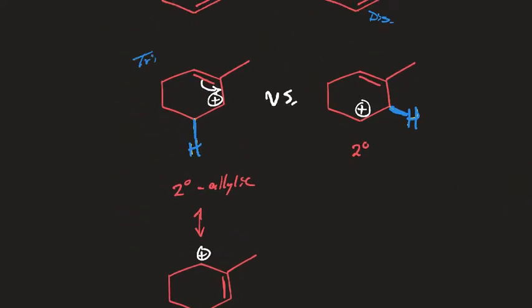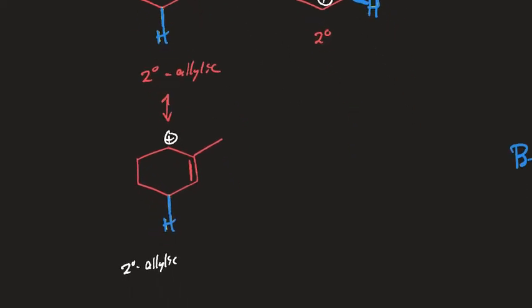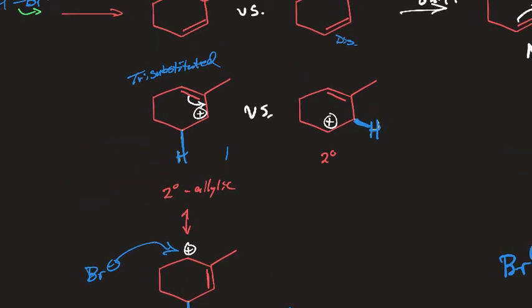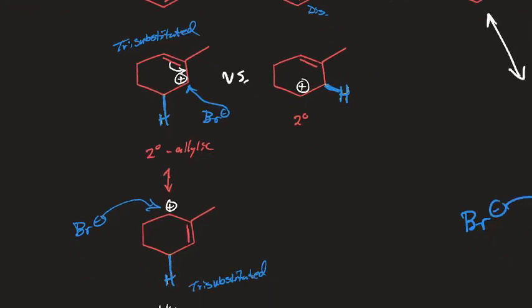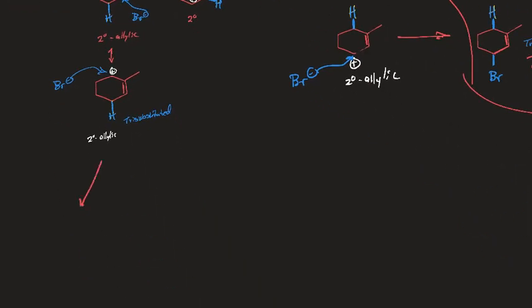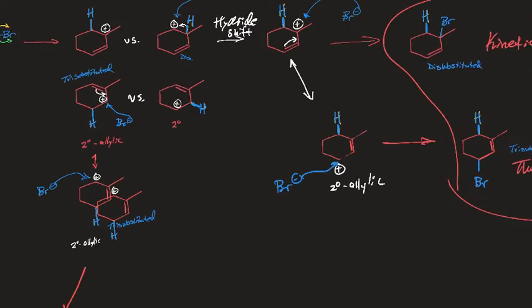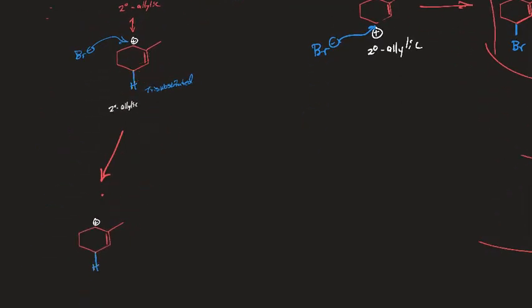This one is tri-substituted, while the other one is also tri-substituted. So there's no difference between these. And so the bromine would attack either there or there to give the two possible products. But the question is, are they the same or are they different?